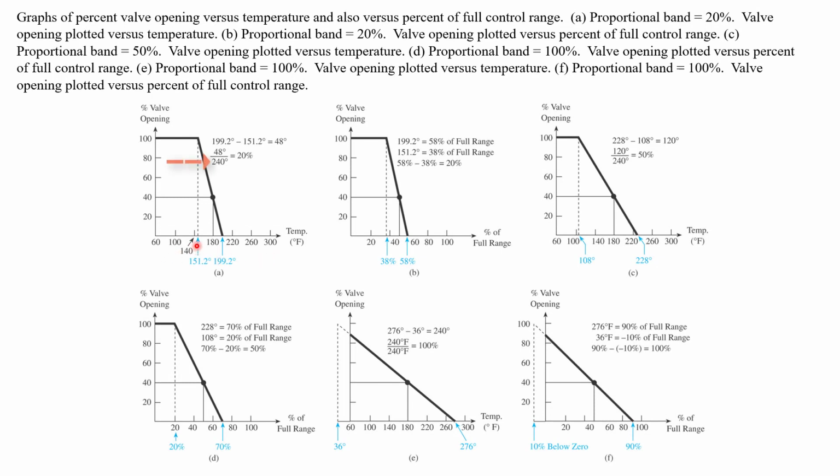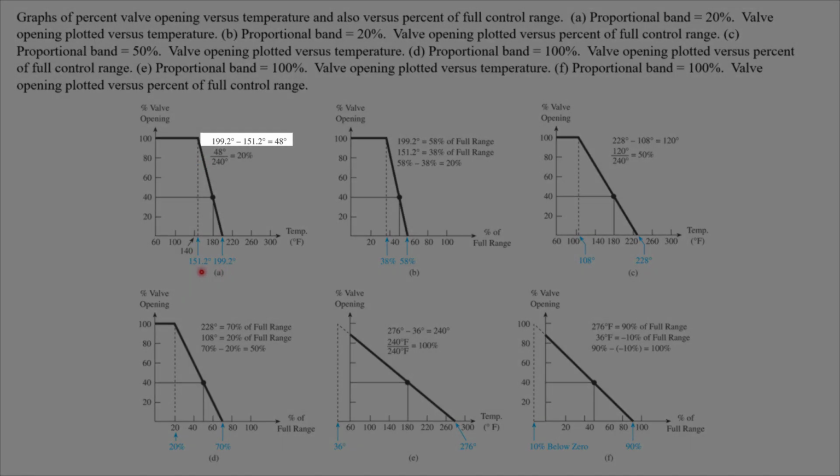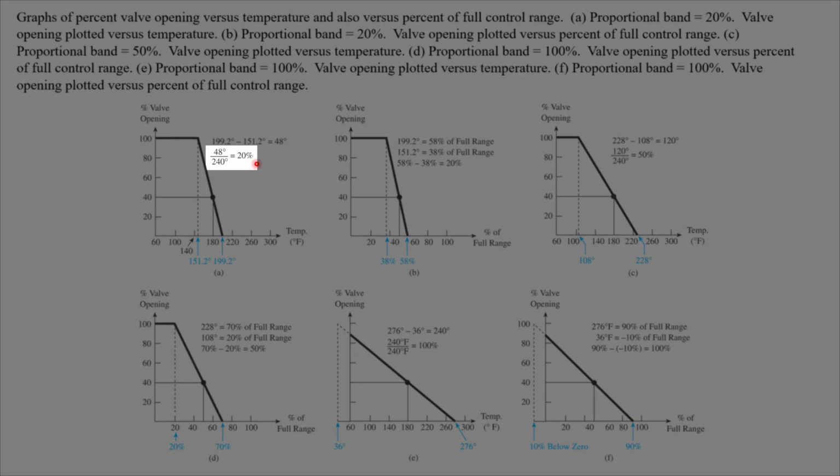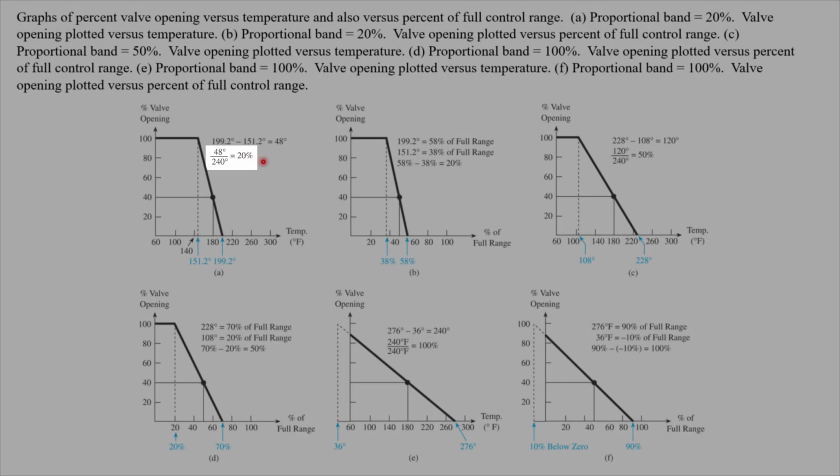We want it to work. The proportionality we want is these 48 degrees, between these 2 points of 100% open, 100% closed, and this is something we're setting up on purpose. That gives us 20% control. Our proportional band divided by the whole range of control gives us the proportionality band in terms of percent.